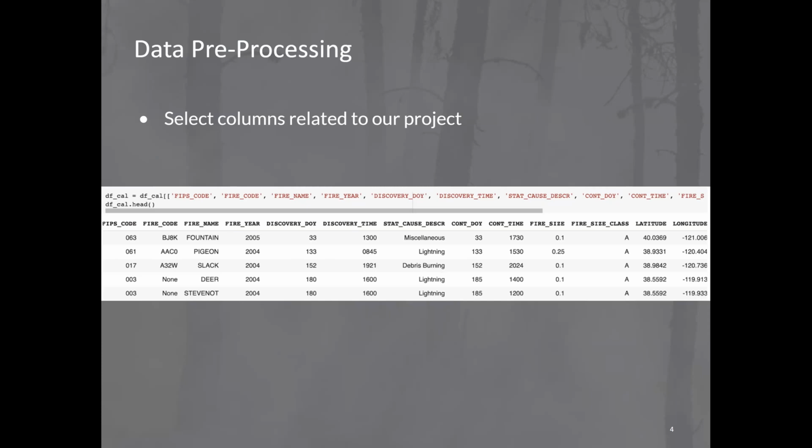Let's talk about data pre-processing. Since there are many columns in the wildfire data set and only part of them are relevant to our project, the first step we did was to select those columns related to our project.